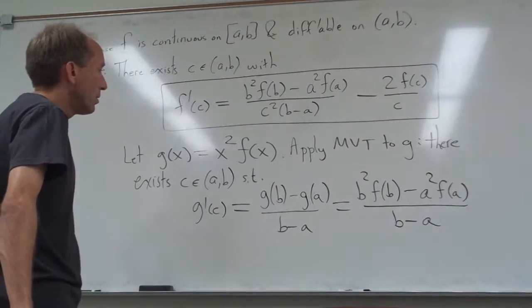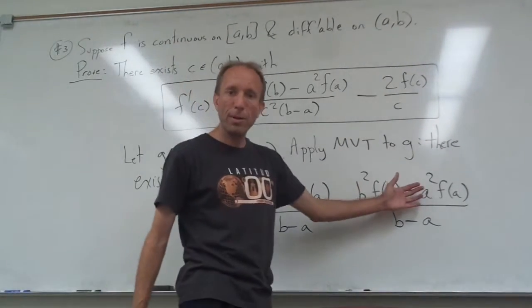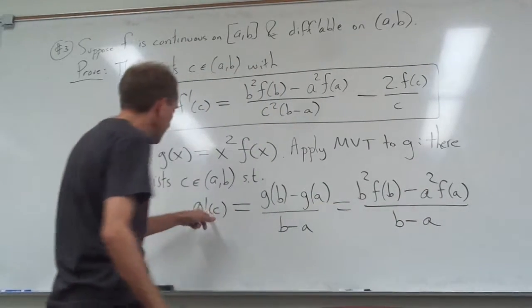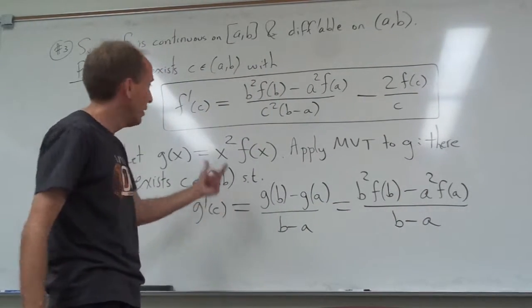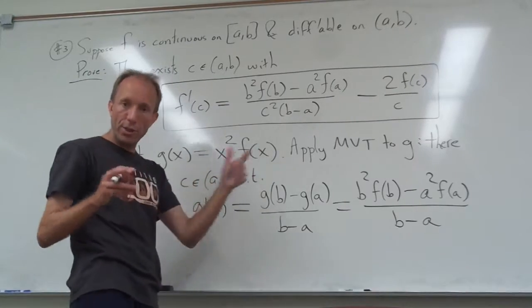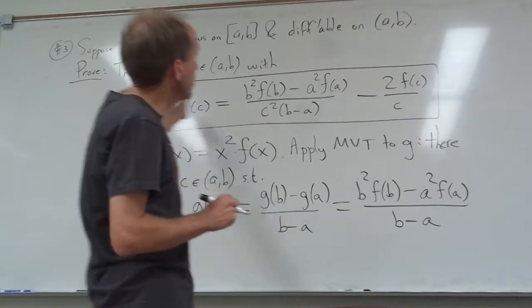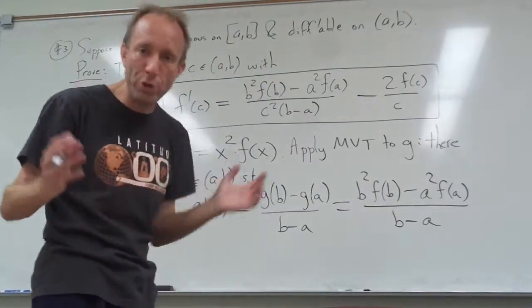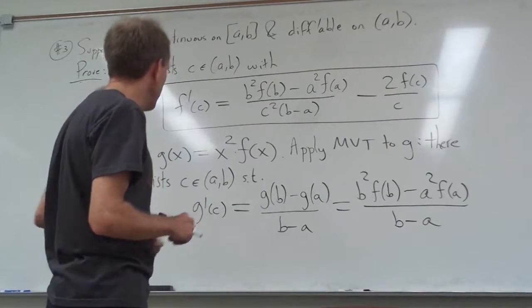So that's just the mean value theorem applied to g. However, on the left side we have the derivative of g. I can actually calculate what that is in terms of f, because this boxed expression doesn't have g in it anywhere, so we need to get everything in terms of f.